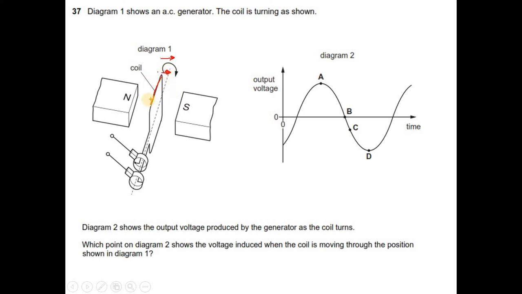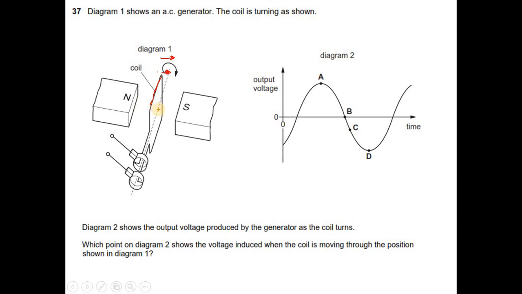That means the motion of the coil is parallel to the magnetic field. So here's the key: when a coil moves parallel to the field, no EMF is induced. So EMF remains zero if the coil is moving parallel to the field.